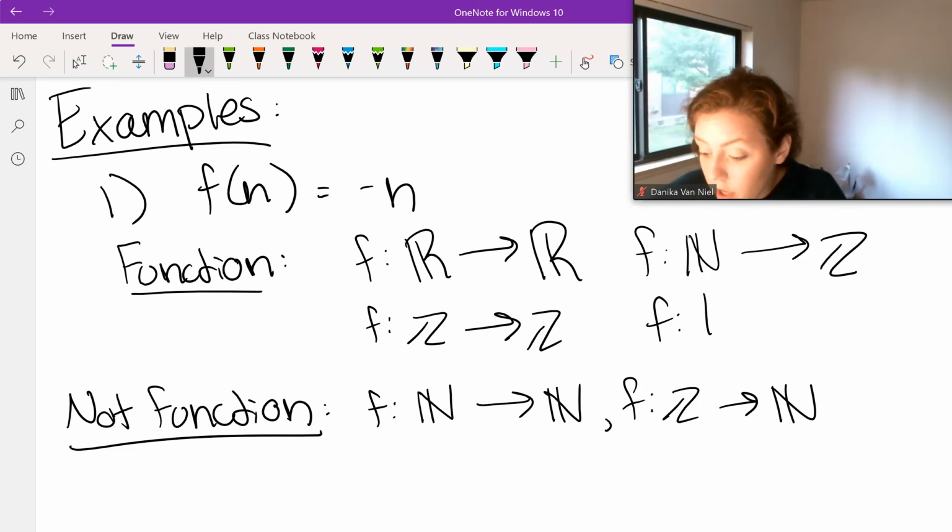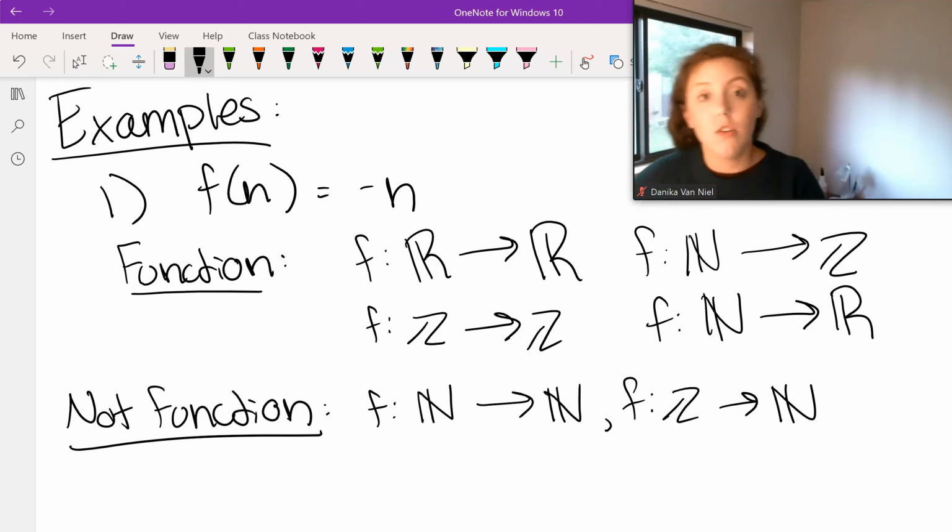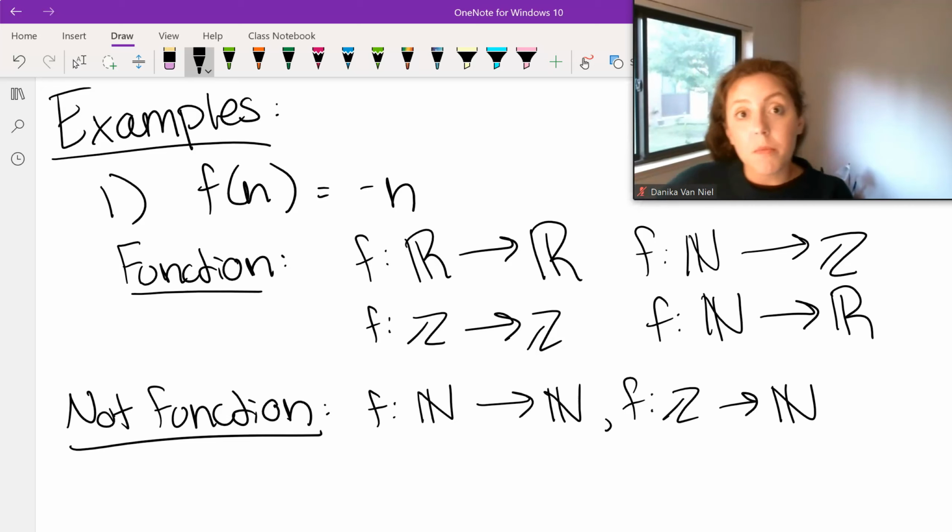Or naturals in the domain and then the reals in the codomain. That's fine too. Okay, because remember, we don't have to hit every single element over there. We just need to land in the codomain. Okay? All right. Hope this is making some sense.